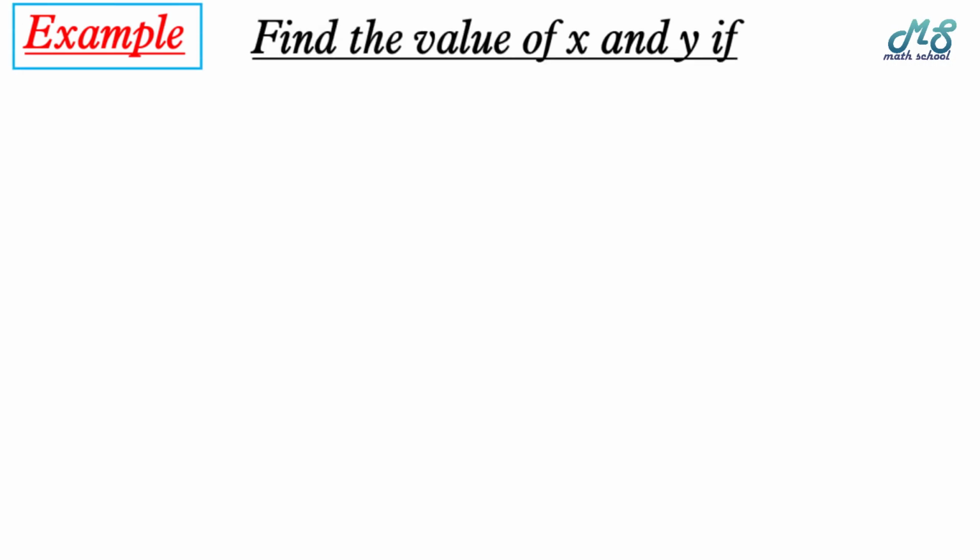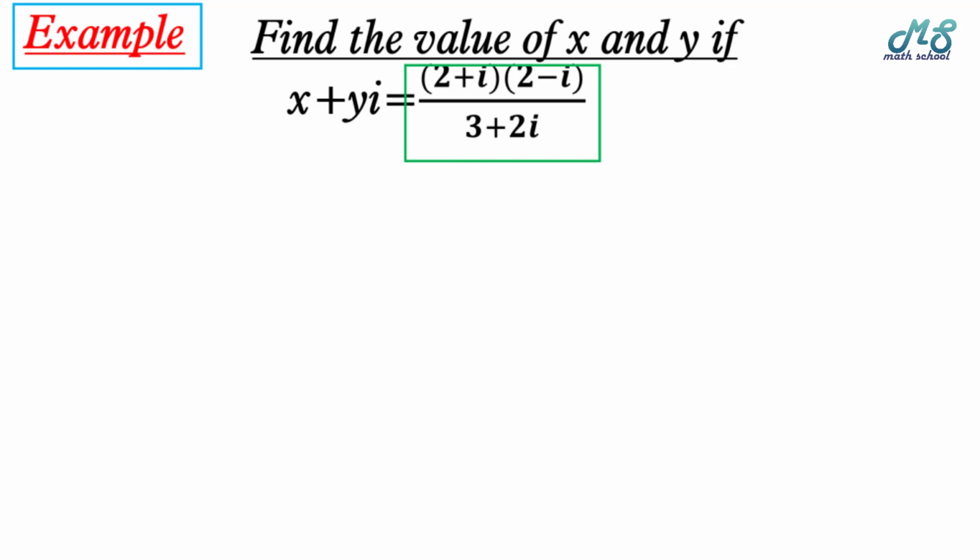Let's have another example. Find the value of x and y if x plus yi equals (2 plus i) times (2 minus i) over (3 plus 2i). The first step, guys, is to simplify the right hand side by multiplying by the conjugate of 3 plus 2i up and down.